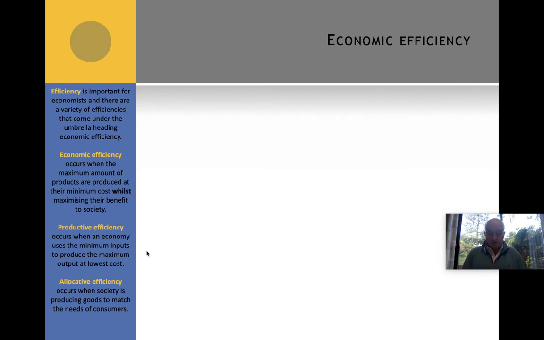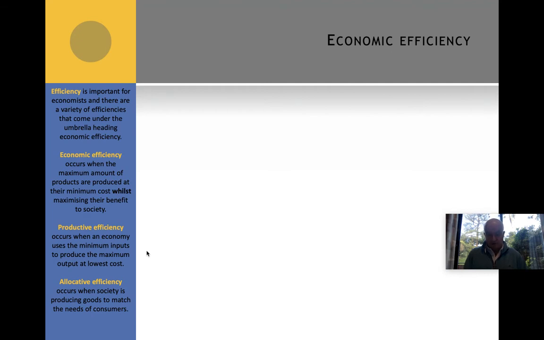So productive efficiency is very much about getting the most out of your inputs and producing the maximum amount of output at the lowest cost, whereas allocative efficiency is much more about making sure that we're producing goods that are going to match consumer needs.